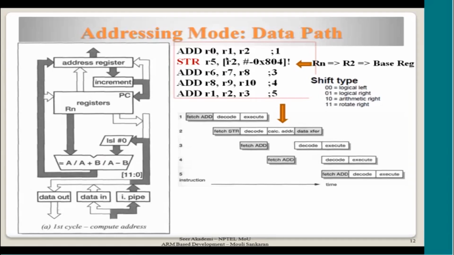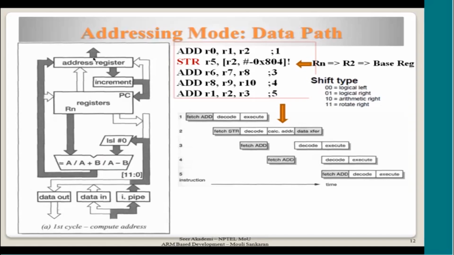and then the computed value is going into the address register. Because you have written this whole thing into the square bracket, that means you are interested in accessing the address generated by this operation. So that needs to go to the address register. Now you remember, the address register is common for both data access and instruction access, because this supports a single unified data and instruction memory, the ARM7 we are talking about.